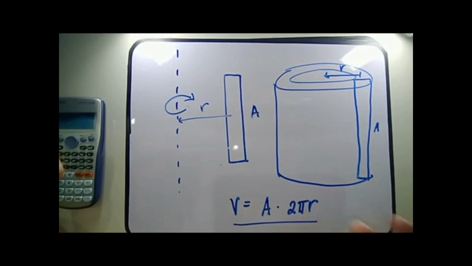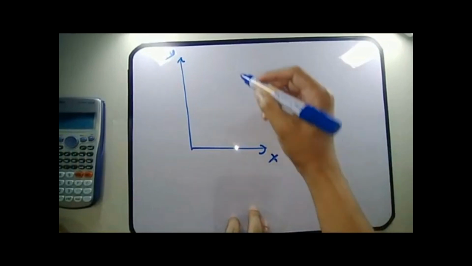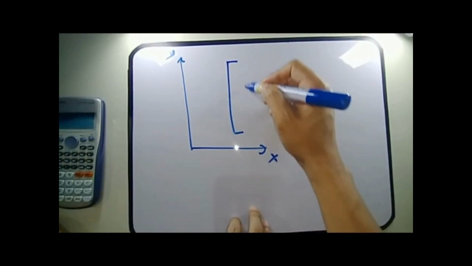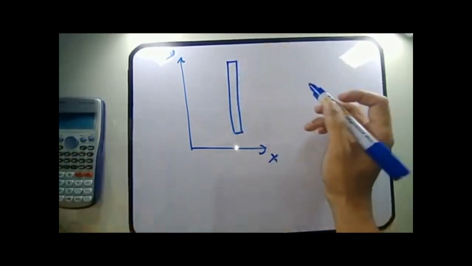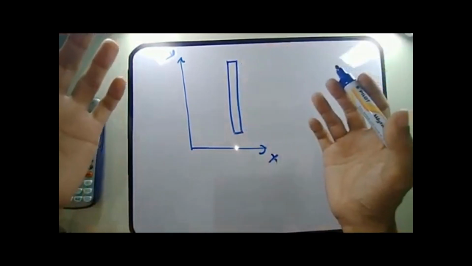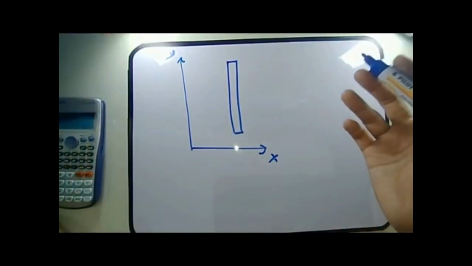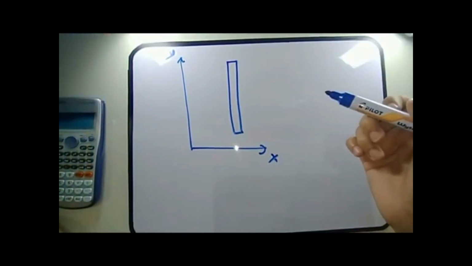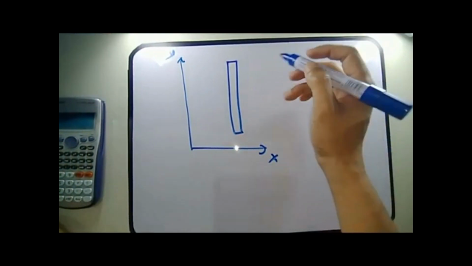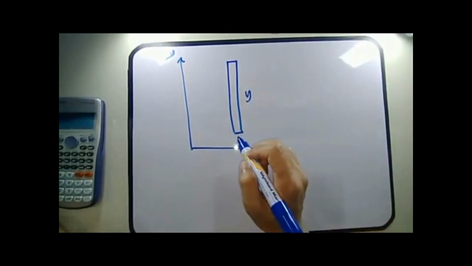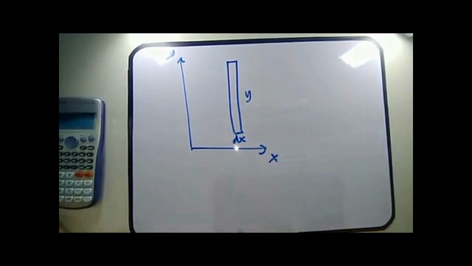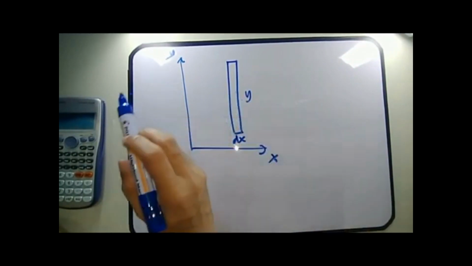So let's derive the formulas, guys. Here we have a vertical rectangular strip. For this strip, of course, we still use what we discussed last time, which is the area by integration. We have here y, and here we have differential x. Now, we rotate it about the y-axis.